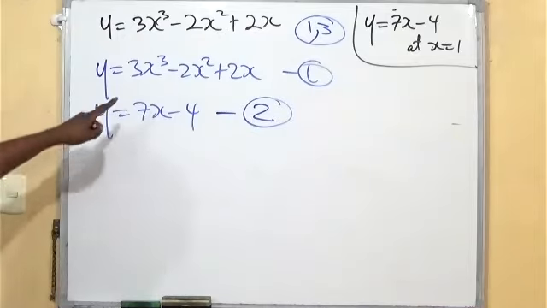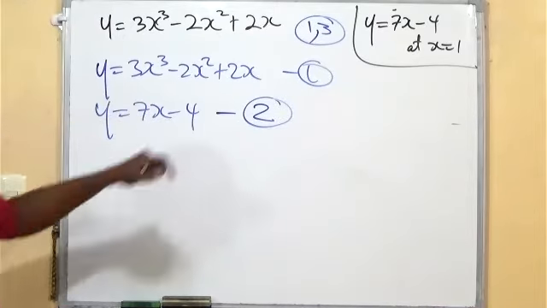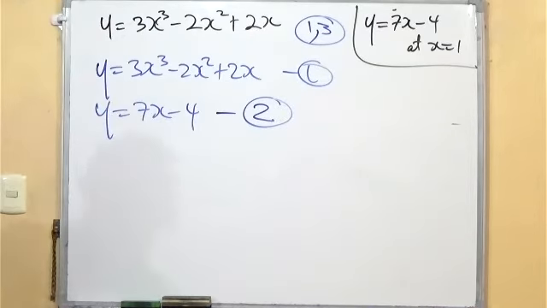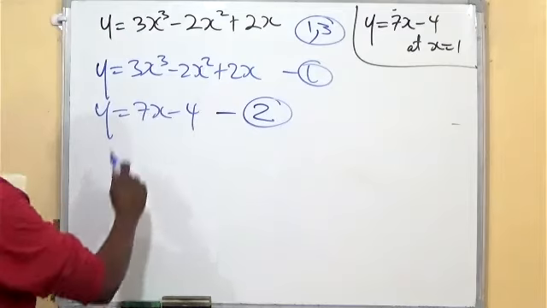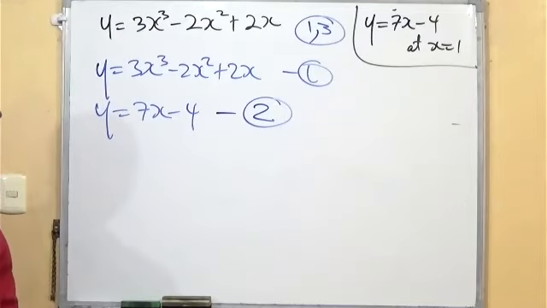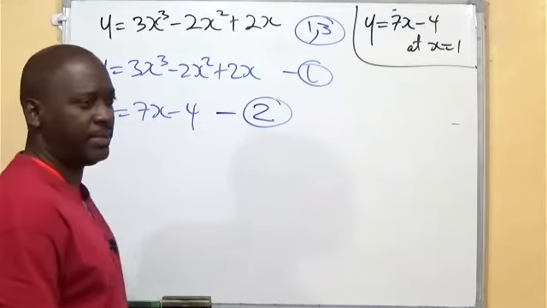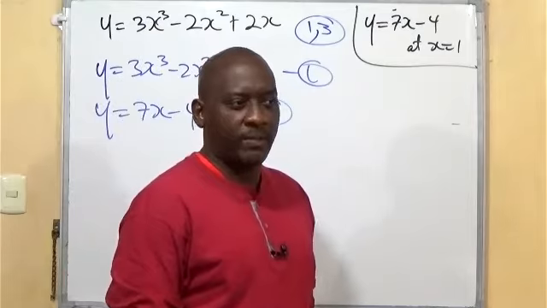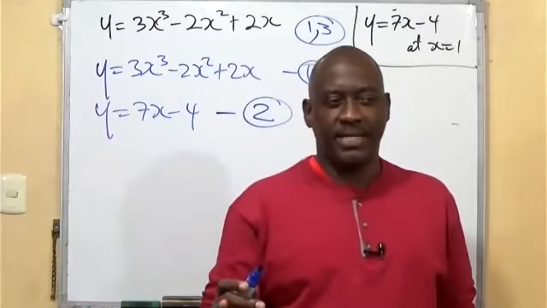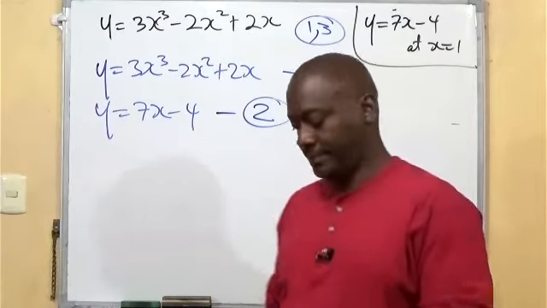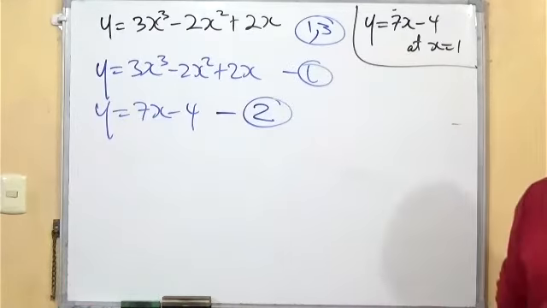Now, you have a cubic equation here, right? Which means that it is quite possible that this line could cut the curve in 3 points, in fact, that is exactly what it means. Well, it wouldn't always be the case, but hold on.